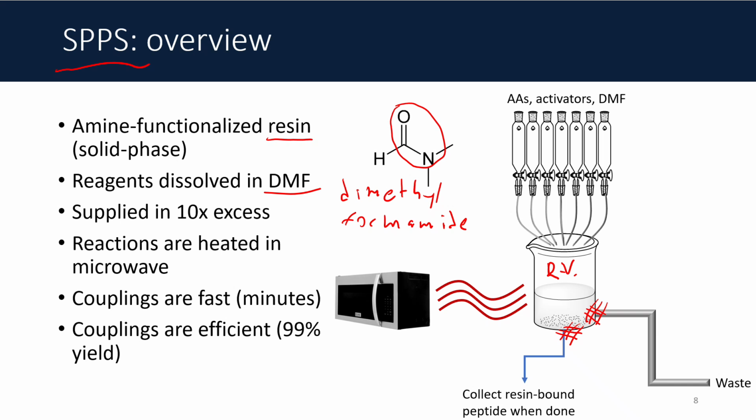Let's say that the first amino acid we want to stick on one of our resin beads is alanine. And let's say it can hold 1 millimole of peptide chain on it. We are going to open up a valve of a vial containing a 10-fold excess solution of our protected amino acid alanine.